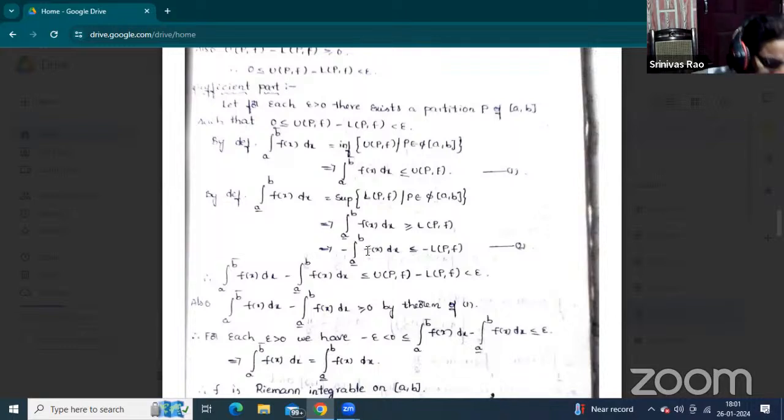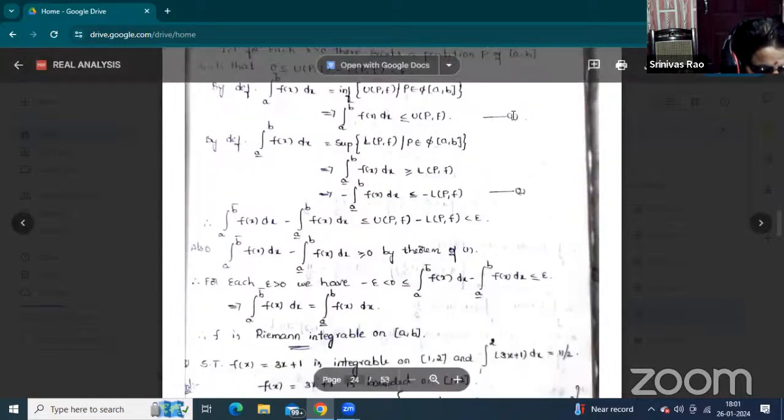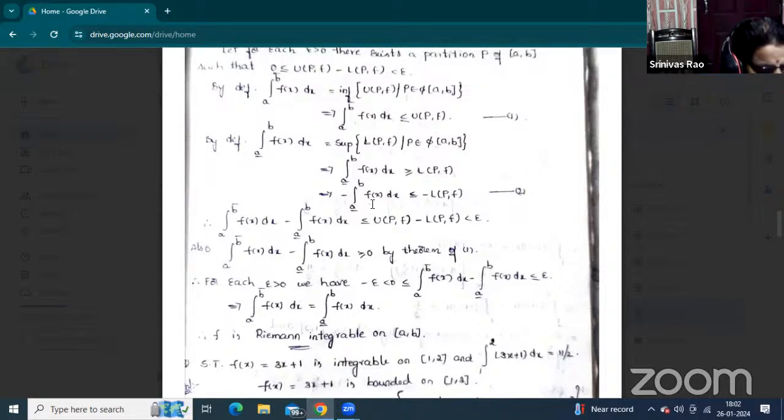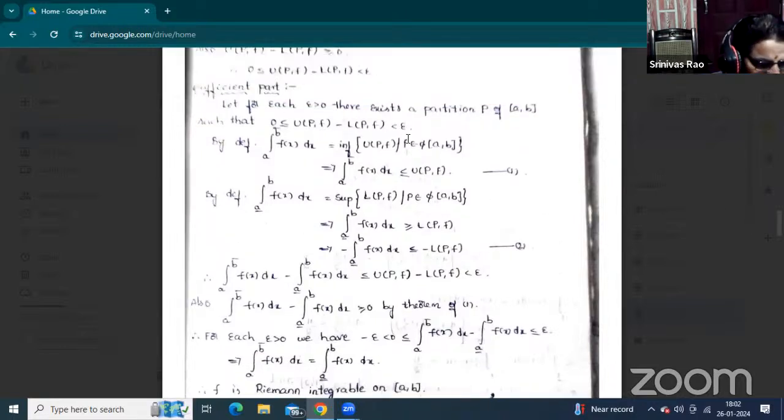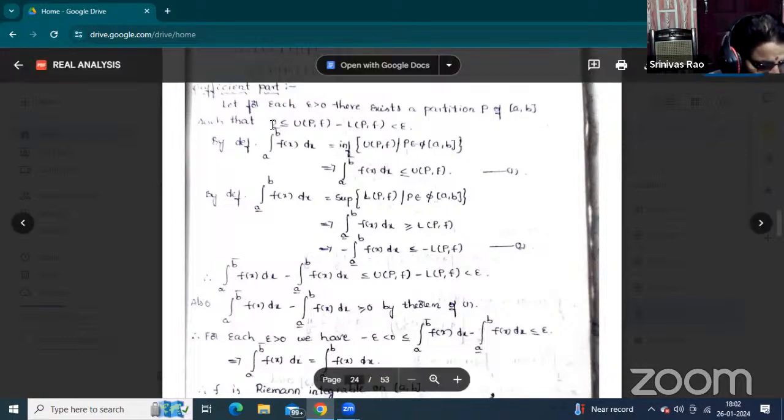Do you understand? The negative of the lower Riemann integral is less than or equal to the negative of the lower Riemann sum. From the first and second equations, the upper Riemann integral minus the lower Riemann integral is less than or equal to the upper Riemann sum minus the lower Riemann sum. We already know from the beginning of the sufficient condition that the oscillatory sum is less than epsilon. So this value is less than epsilon and greater than or equal to 0. Just have to see here: this value is less than epsilon and greater than or equal to 0.